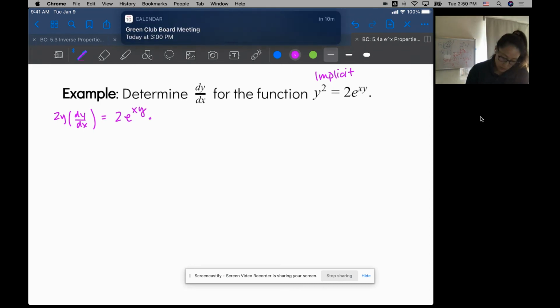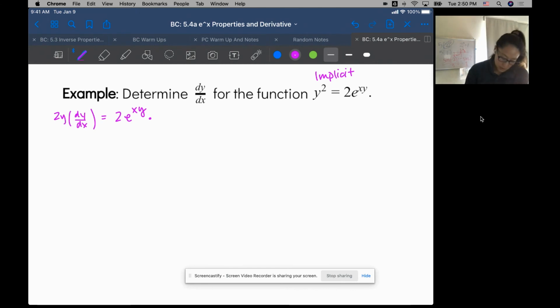Then we have to take the derivative of the inside, okay, which is x times y, so lefty right. So right here, this is product rule. Left is x. The derivative of y is dy dx, plus the right, which is y, times the derivative of x, which is 1.